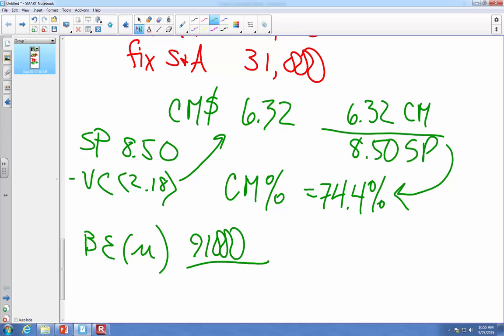Right? 60 plus the 31. How much does each bulk disc contribute to covering that? So what's my break even?